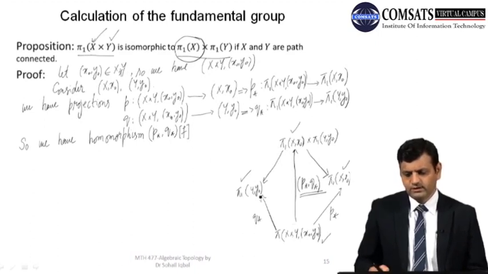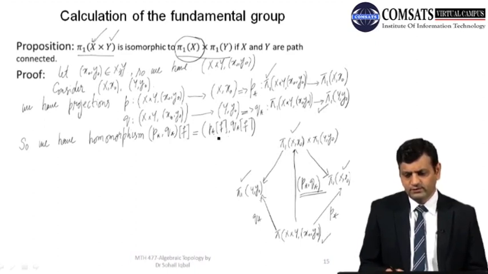It takes this loop f and takes it to (P lower star f, Q lower star f). How to calculate this P lower star f? We know it from here, and how to calculate this Q lower star f? We know it from here.